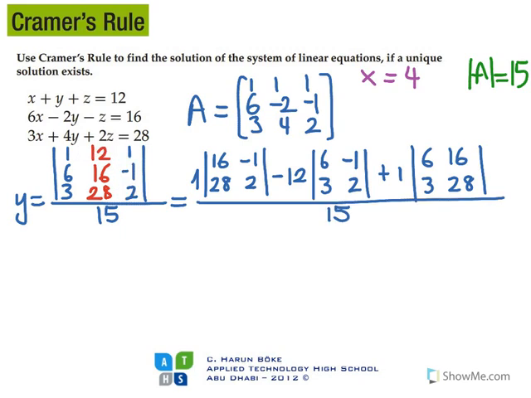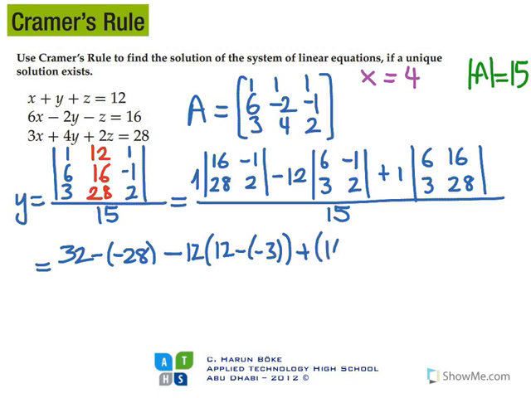So if we do the calculations, we will get 32 minus 28 minus 12 times 12 minus 3 plus 6 times 28 is 168 minus 48 divided by 15.